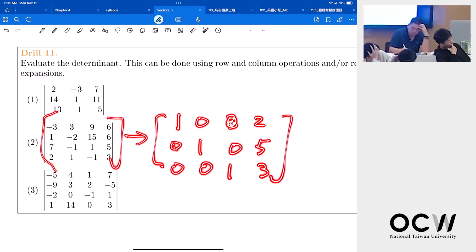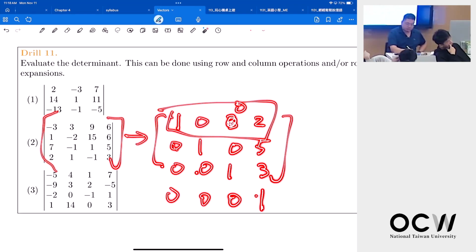Oh, then here should be 0, 1, 2, 3, 4, and 0, 0, 0, 1. Then if you choose this, you only need to do a couple of determinants, rather than so many nasty numbers.